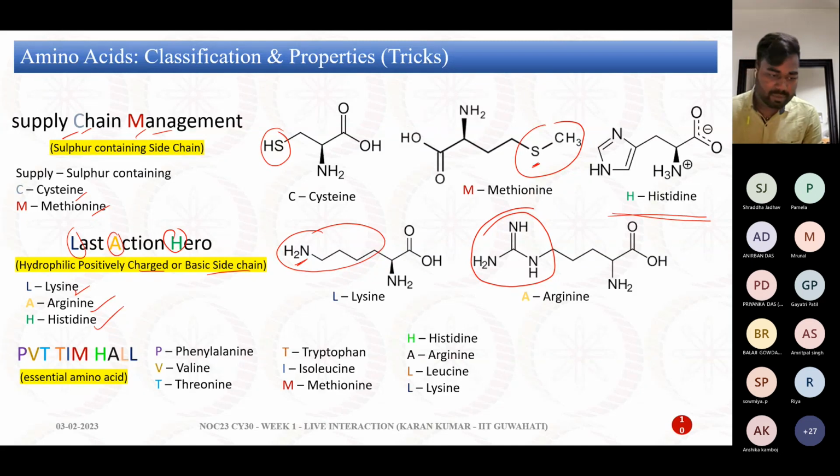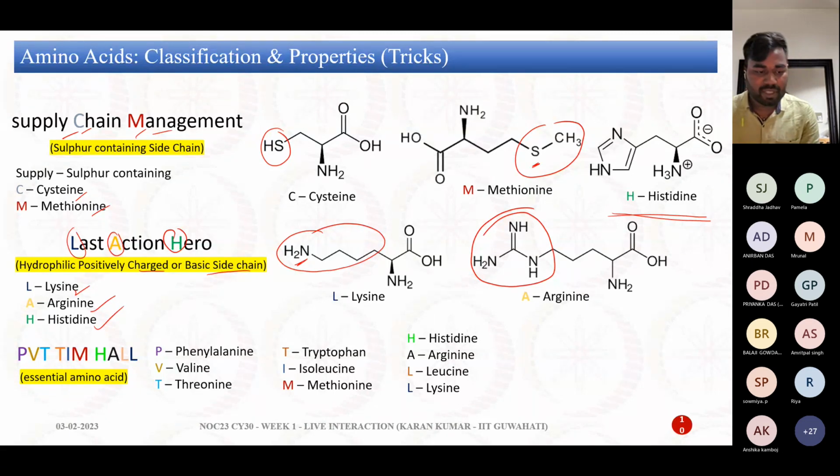The next thing to remember, because there will be a question in all kinds of comprehensive competitive examinations or your semester examination in the biochemistry textbook, is that you will be asked to identify the essential amino acids. There are a total of 10 essential amino acids and 10 non-essential amino acids.